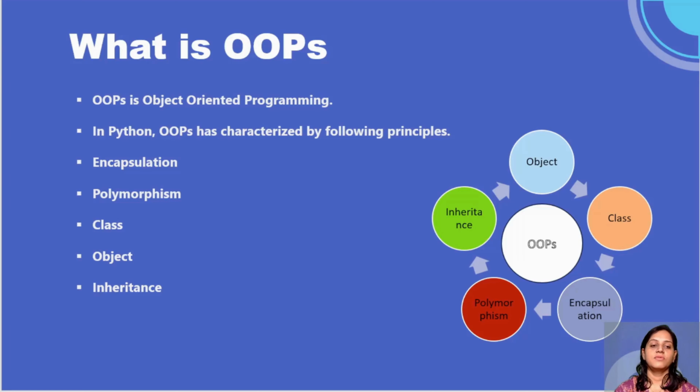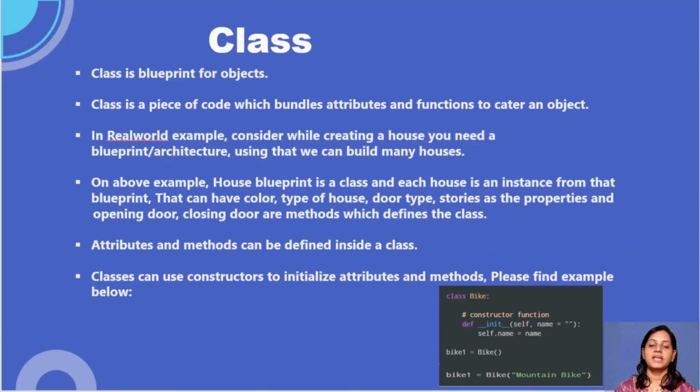So first, we will understand the building blocks of OOPS. So guys, what is a class? When we talk about class, we all read that a class is a blueprint for objects. What exactly is the meaning of that?